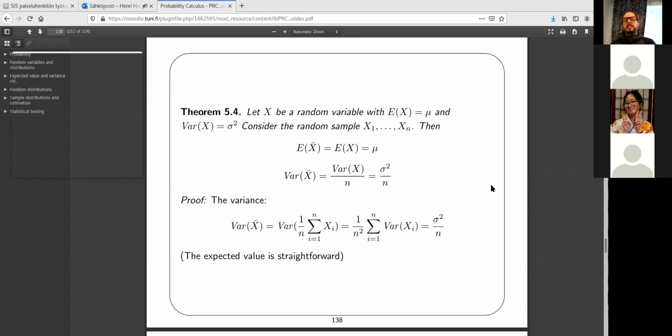And it makes sense. If you calculate the average of a sample, it's going to be pretty close to the expected value. On the other hand, the variance becomes smaller and smaller the bigger the sample is.